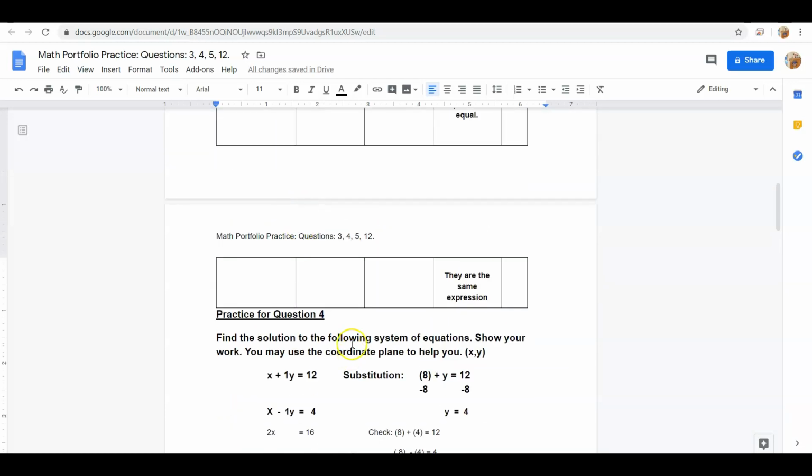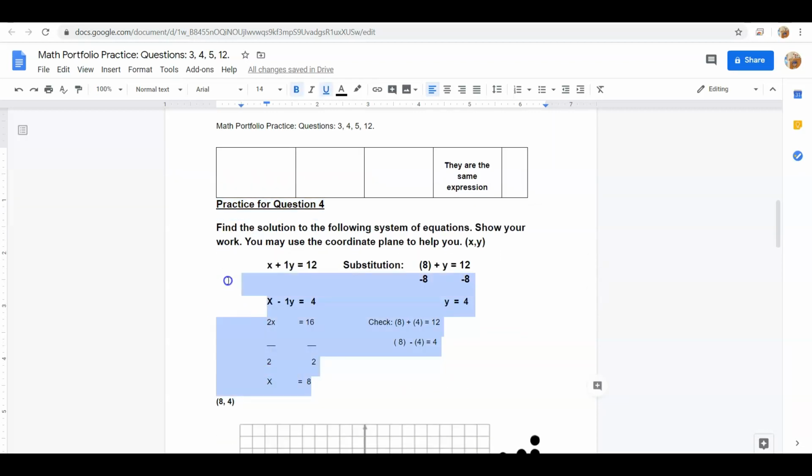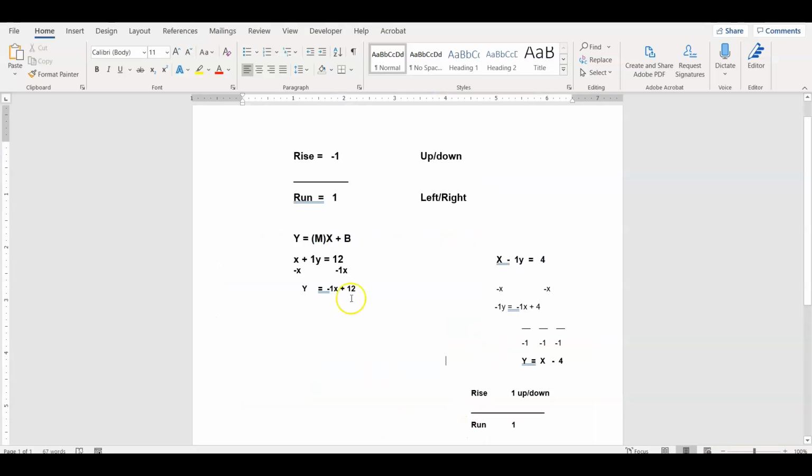So this was the practice for question 4. You could either do it using these steps that I used here, or you could use these steps to convert each of these equations into y-intercept form, which is in the form y equals mx plus b.